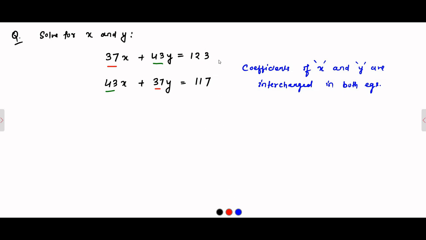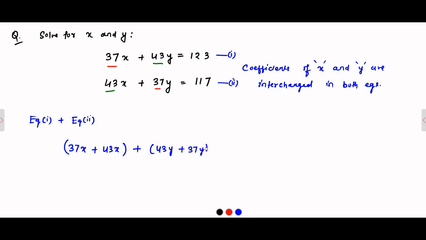So let's say this is equation 1 and this is equation 2. First let's add them together, that is equation 1 plus equation 2. So we have 37x plus 43x plus 43y plus 37y is equal to 123 plus 117.